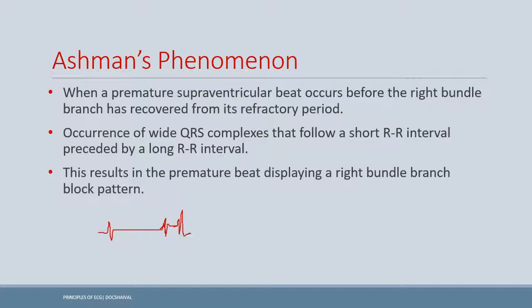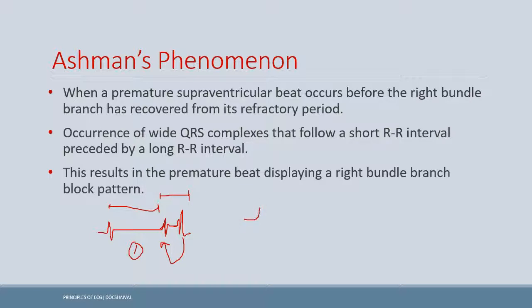I'm not drawing perfectly, but the important thing is the concept. So a long RR interval is followed by a short RR interval. During this first phase, the right bundle branch has not recovered from the refractory period, and when this impulse enters, this appears as a right bundle branch block.